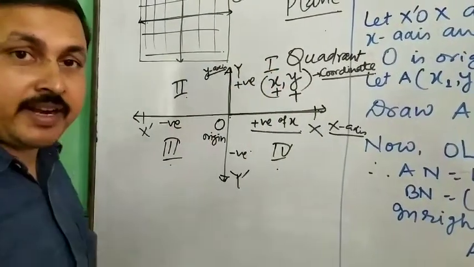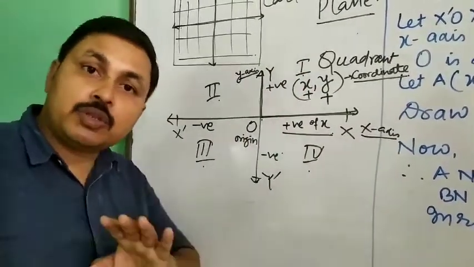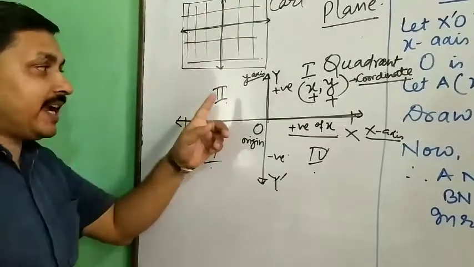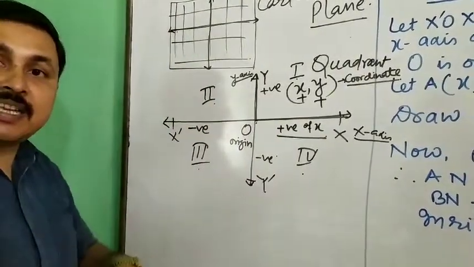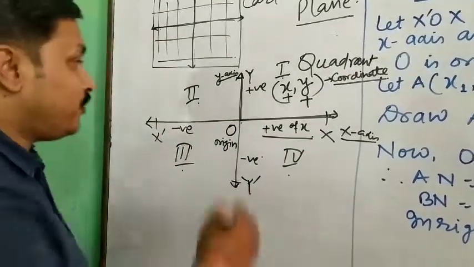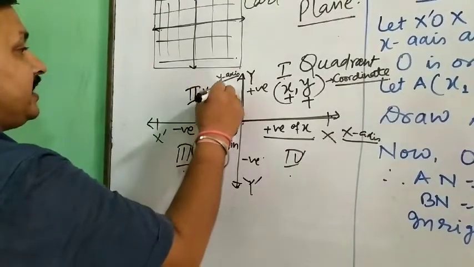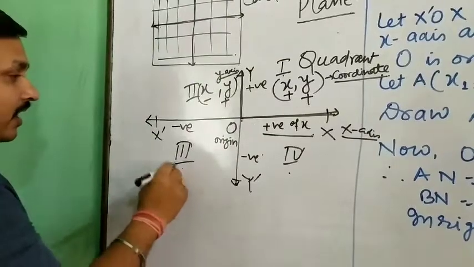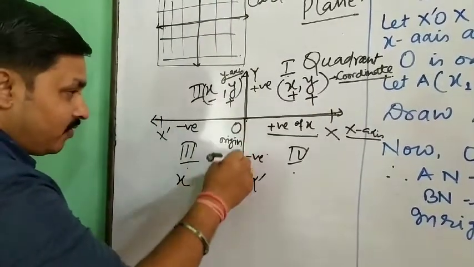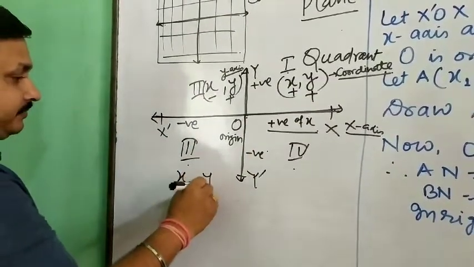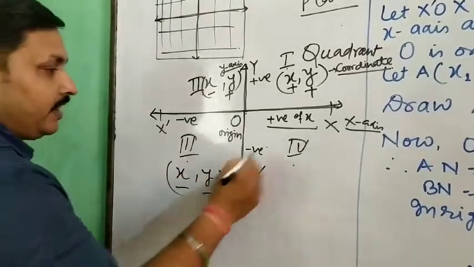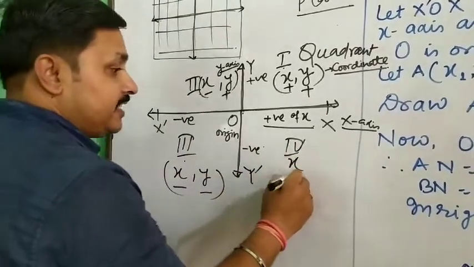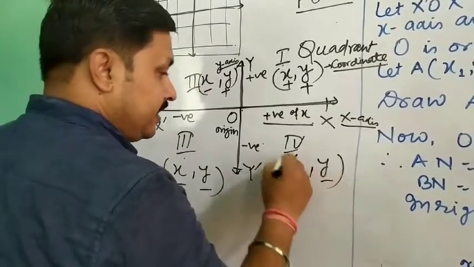In the first quadrant, x and y both are positive. In the second quadrant, x is negative, y is positive. In the third quadrant, x is negative, y is negative. In the fourth quadrant, x is positive, y is negative.